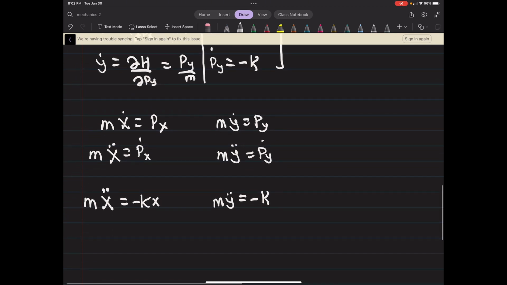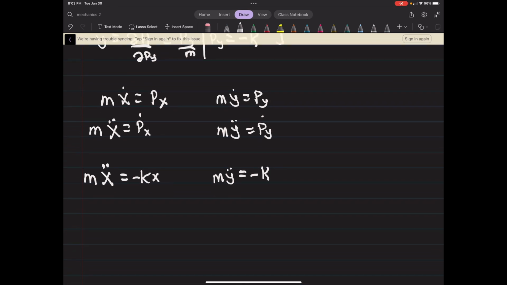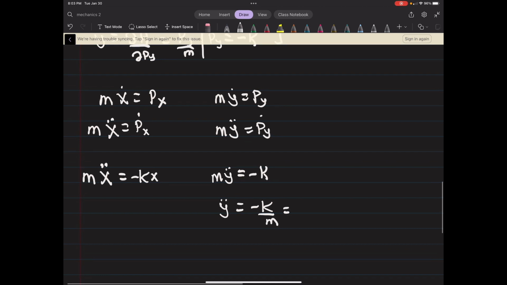Okay, so to solve these, well, the y is very easy. Y double dot equals minus kappa over m. And here you just have to integrate twice. This is a separable differential equation, so it's pretty straightforward.